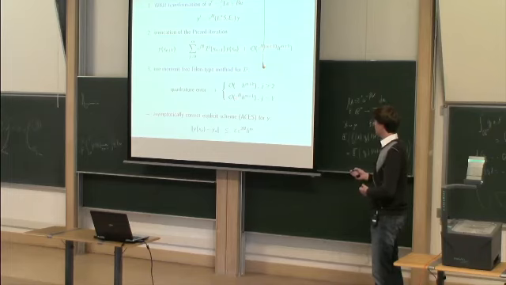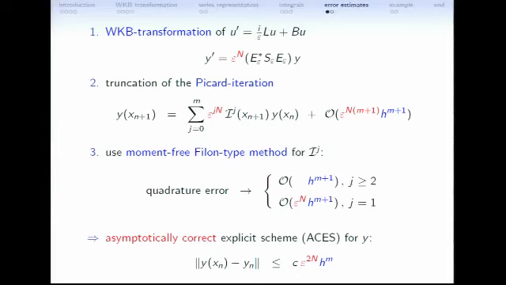And so if you insert these errors here, you see that we get epsilon to n, and the same holds for the following summand, such that we get an asymptotically correct explicit scheme for y and a convergence estimate of this form, epsilon to 2n times h to m. So this is in fact how this whole procedure works.